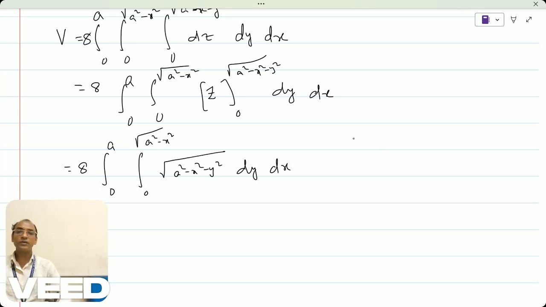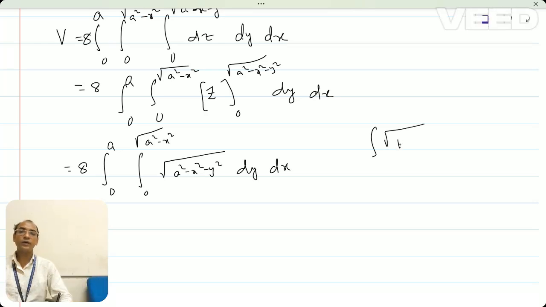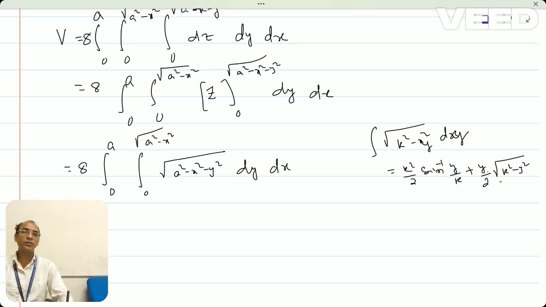Now here I would like to state one formula. If I ask you to integrate root of k square minus y square dy, then my formula will be k square by 2 sine inverse of y by k plus y by 2 root of k square minus y square.